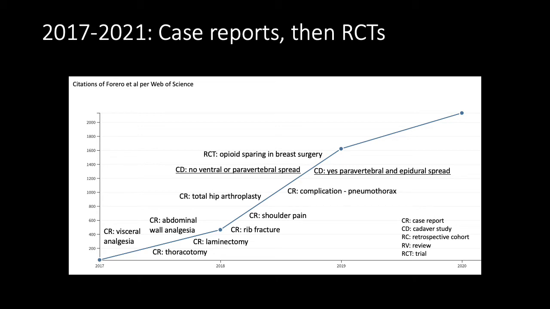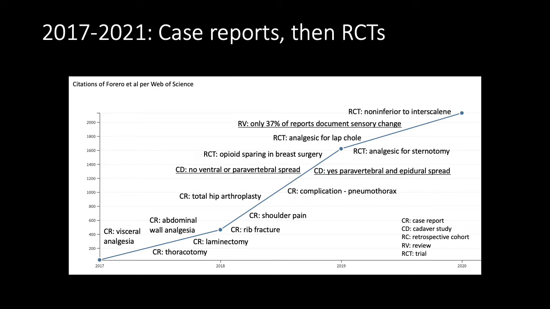And then some randomized control trials started coming out saying that it was opioid sparing in breast surgery, it was analgesic in sternotomy, it was analgesic for lap chole, and then a review article published out of Stanford demonstrated that relatively few patients had sensory change, which doesn't really fit with the proposed mechanism of the nerve block, because you would expect there to be sensory change if the nerve block is spreading to those dorsal and ventral rami.